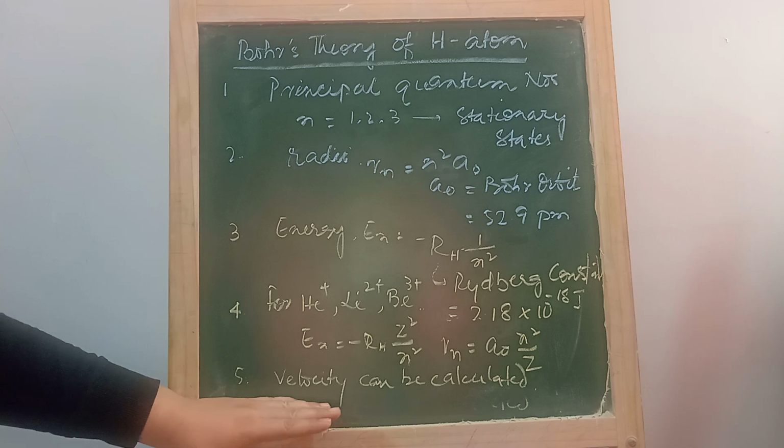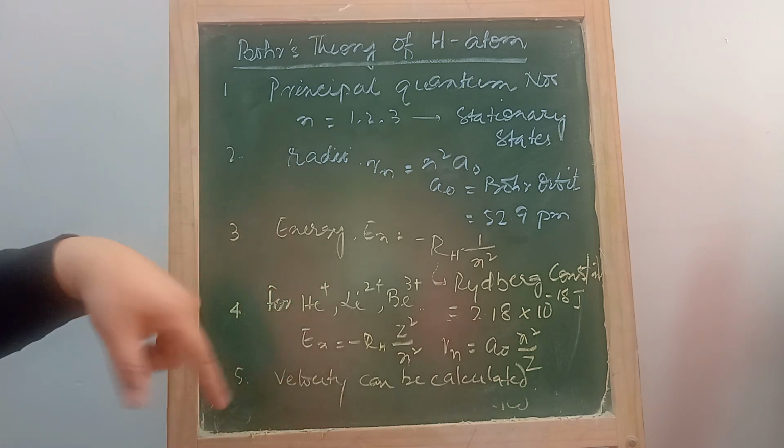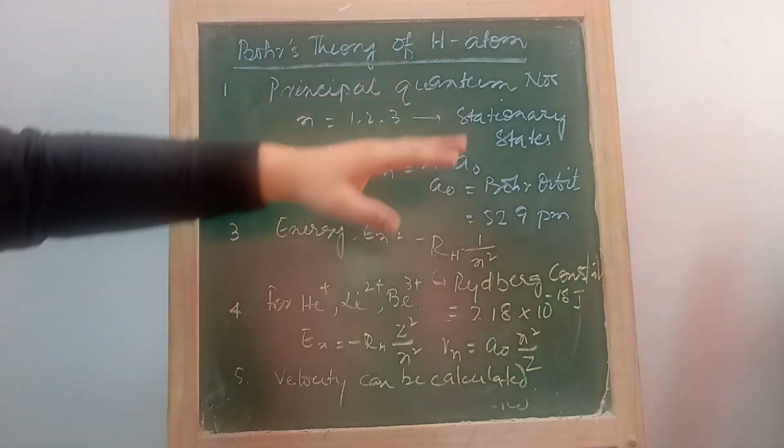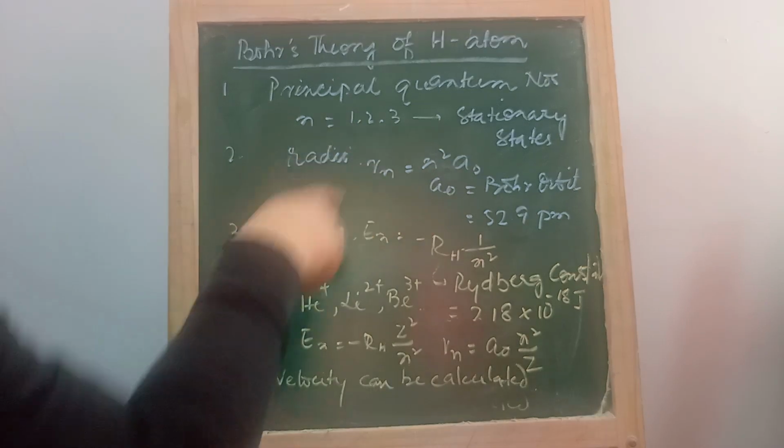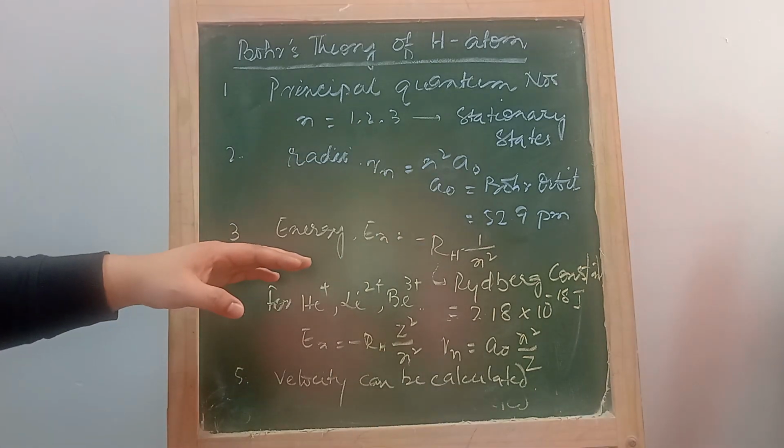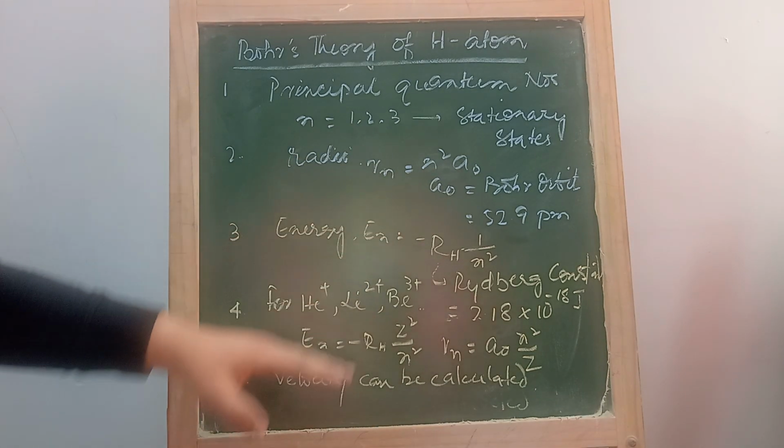The fifth point is the velocity of the electrons that are revolving in those stationary states, in those particular radii, with those permissible energies.